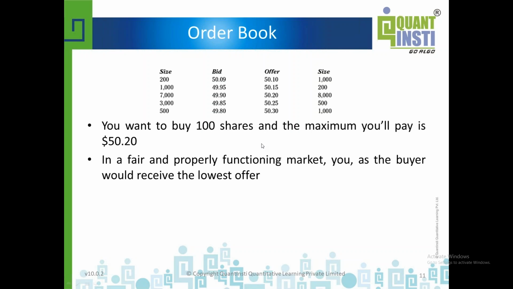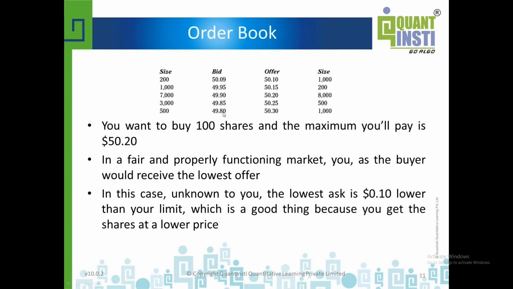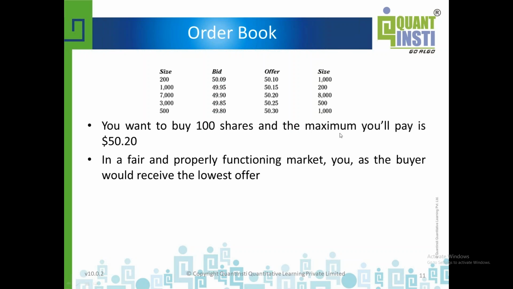So this is saying that you want to buy 100 shares and the max. So okay, now comes the matching system. So okay, let me just talk about matching system now. In a fair and properly functioning market, you as the buyer would receive the lowest offer. If you wanted in this order book to buy 100 shares at 50.2, you will get your trade at 50.1.